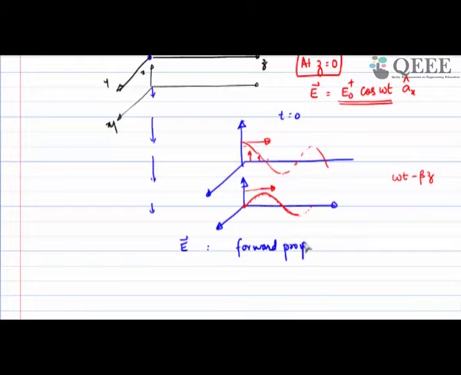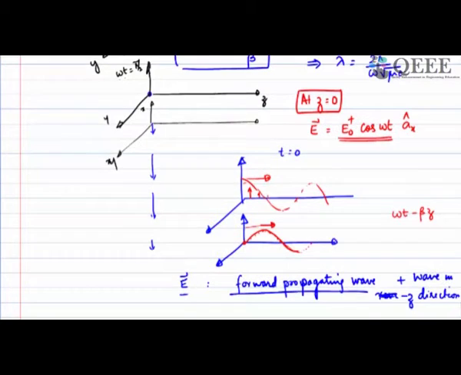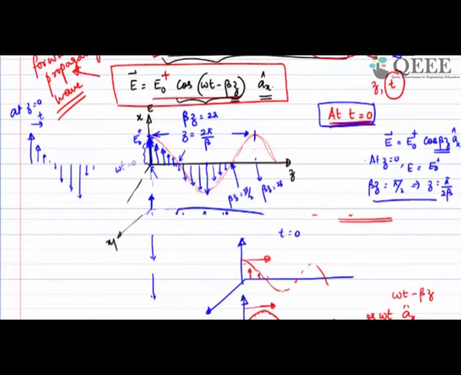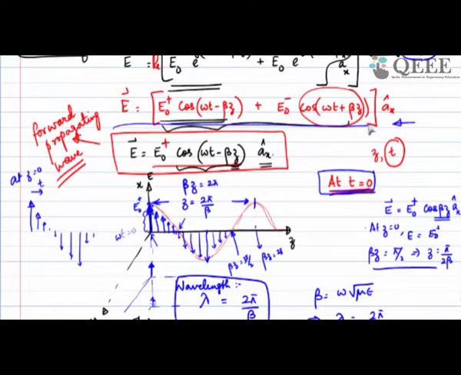So the general solution is a plane wave, this is the equation for the plane wave, and it's a combination of a forward wave and a backward wave.